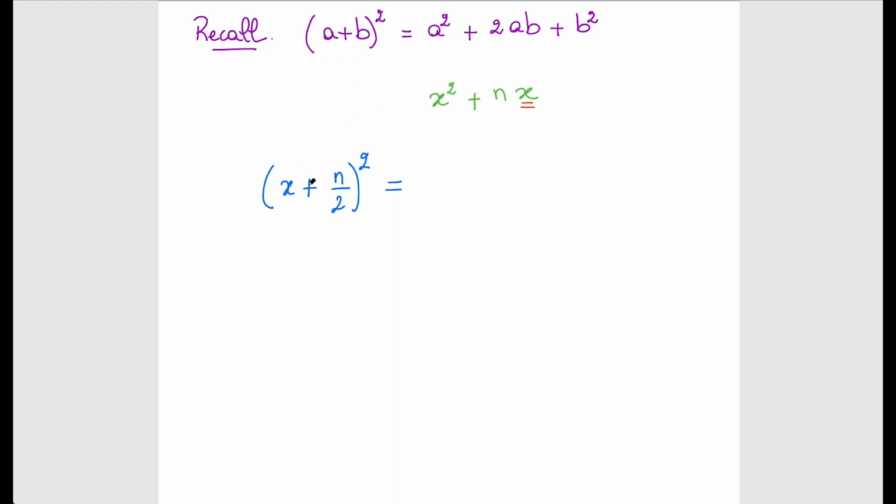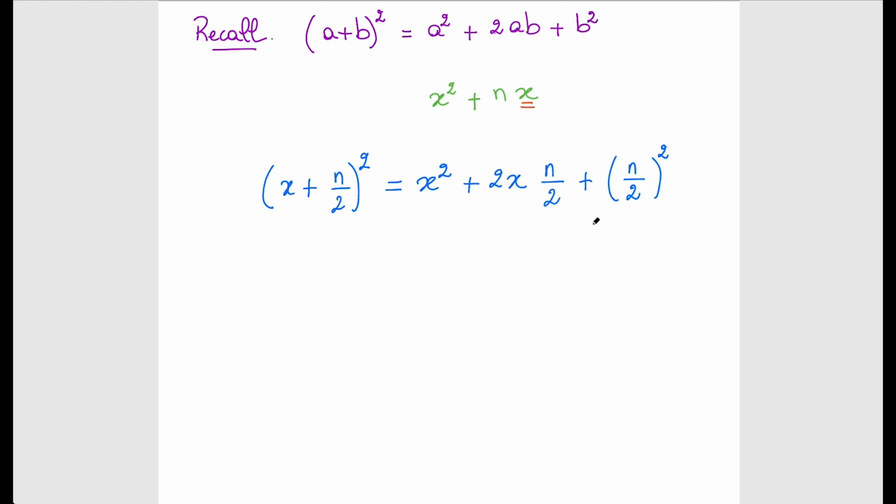So a squared becomes x squared, plus twice ab, so twice x, and b is n over 2 in my context, correct? This part is this part, and this part is this part, when a is x and b is n over 2. And then the last part is b squared. If b is n over 2, b squared becomes the square of n over 2.